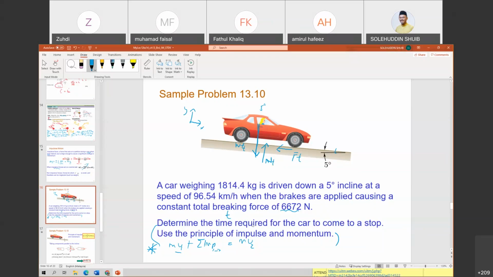This is before, this is in between, and this is after. This is mv1, and this is mv2. What is the value of mv2? Anybody knows?